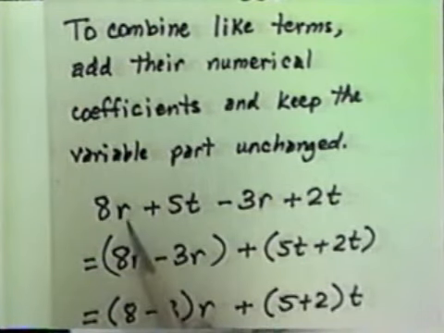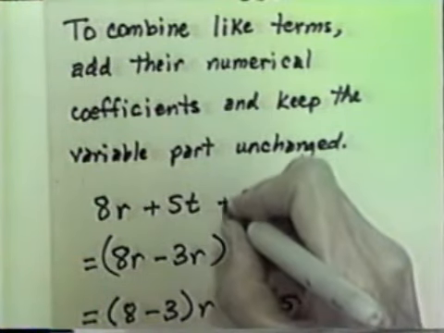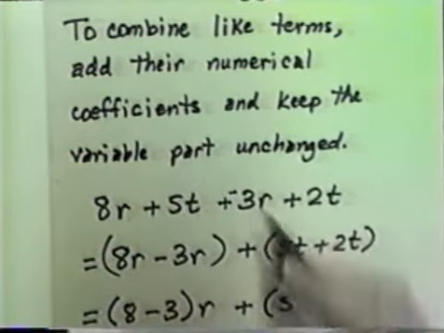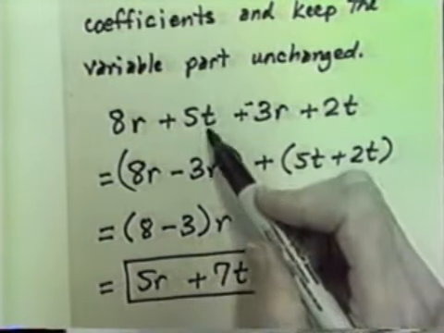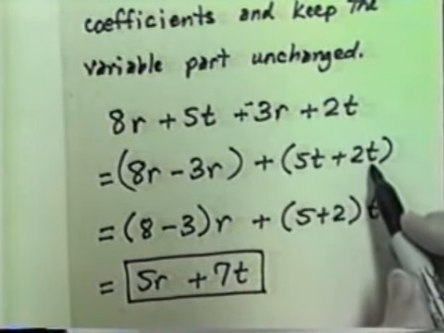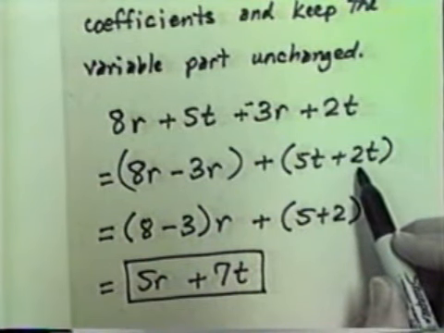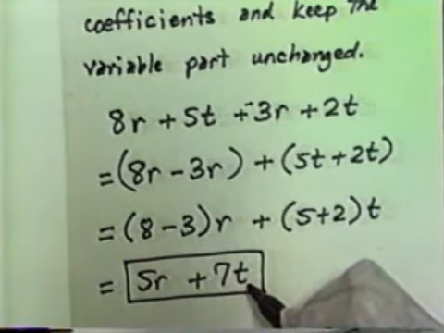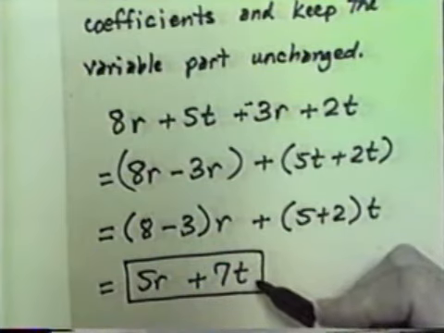If we add 8r and negative 3r, we would need to think of this as add negative 3r. Adding 8r and negative 3r, we got 5r. Adding 5t and 2t, as we did here, we add their numerical coefficients, 5 and 2, keep the variable part unchanged, to get 7t. So one thing we're interested in doing is combining the like terms to get our result.